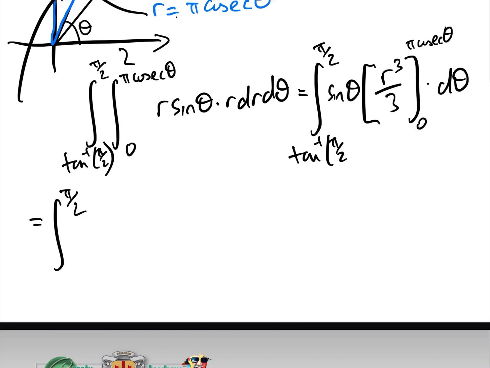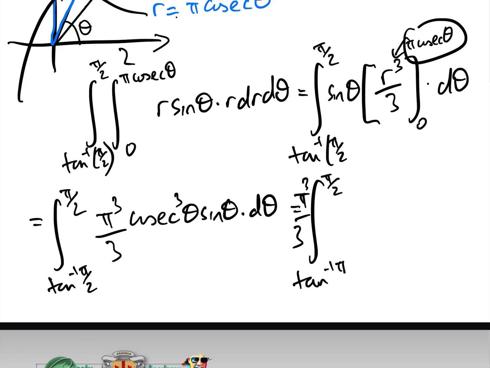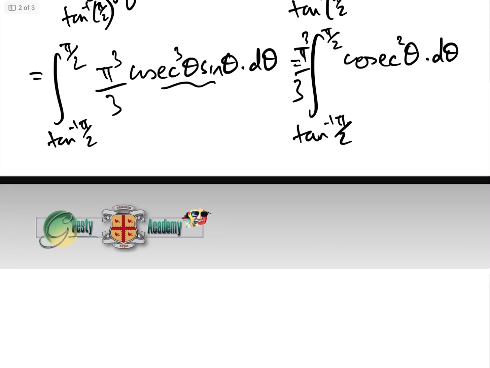And that equals the integral from tan to the minus 1 of pi over 2 to pi over 2 of, let's have a look, that gives us pi cubed over 3, I'm just putting this into here now, cosec cubed theta sine theta d theta, which we can simplify as, let's take that pi cubed over 3 out, the integral between pi over 2 and tan to the minus 1 of pi over 2 of, well, cosec cubed times sine is cosec squared theta d theta.